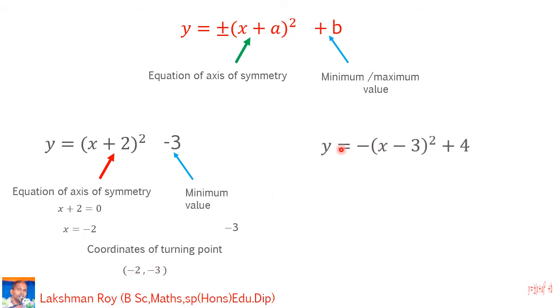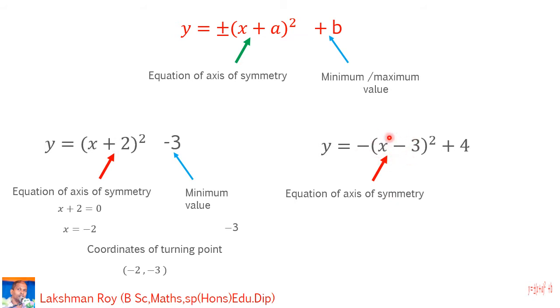Now you can see here y equals negative (x minus 3) squared plus 4, right? In front of the square term, the sign is negative. Positive means the graph is a parabola of minima. If the sign is negative, that is a parabola of maxima. That is how to find it. Now take the equation of the axis of symmetry of this graph.